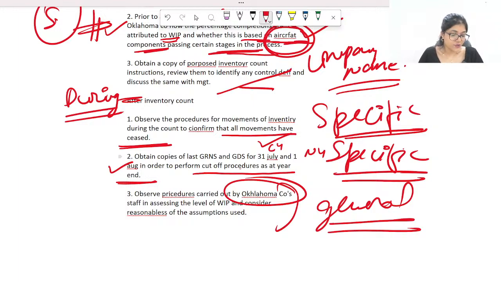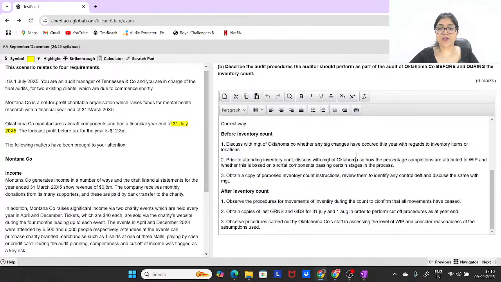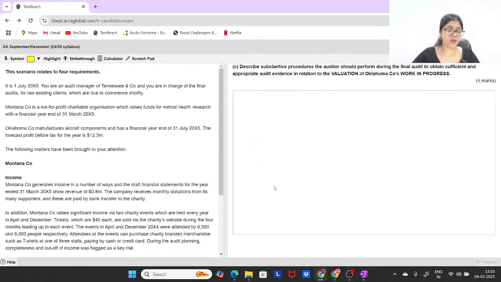Any doubts, any questions? Okay, Selena says clear. Great. Let's move ahead with the next substantive procedure. I think that's the last one for this question.